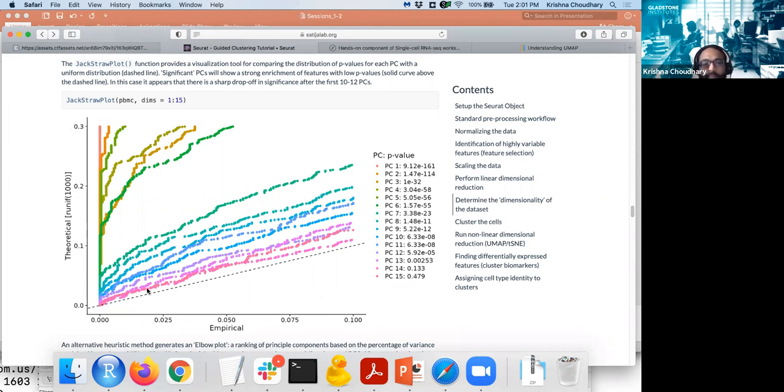And if certain PCs are not significant, then both the expected value based on a null, and our empirical observation for the PCs will be overlapping. That is to say, the values will be identical, and so the curves for the PCs which are close to this diagonal line are not significant. That is the interpretation.